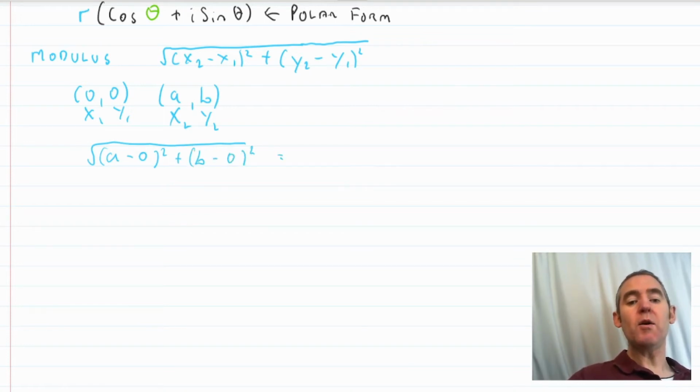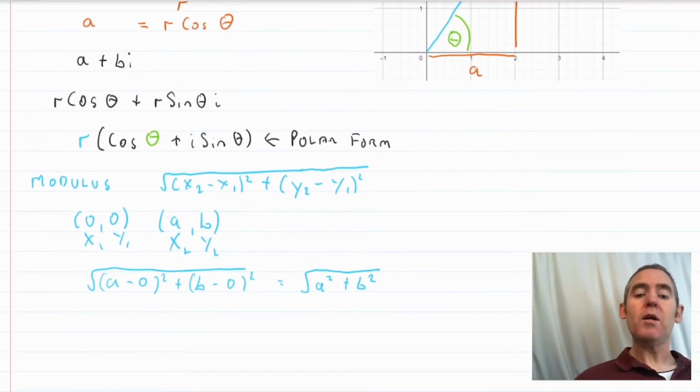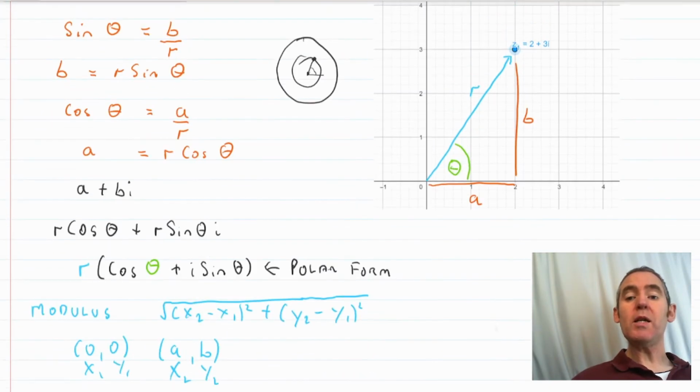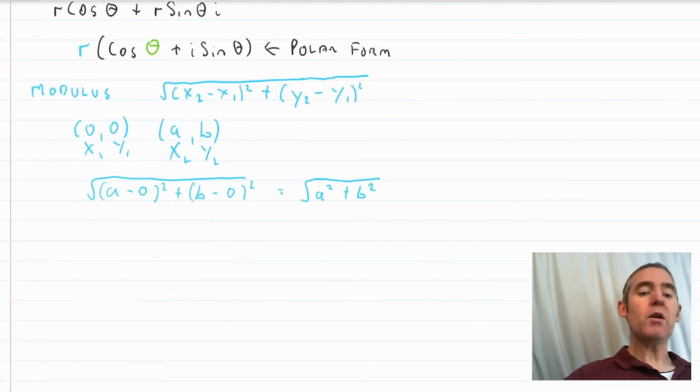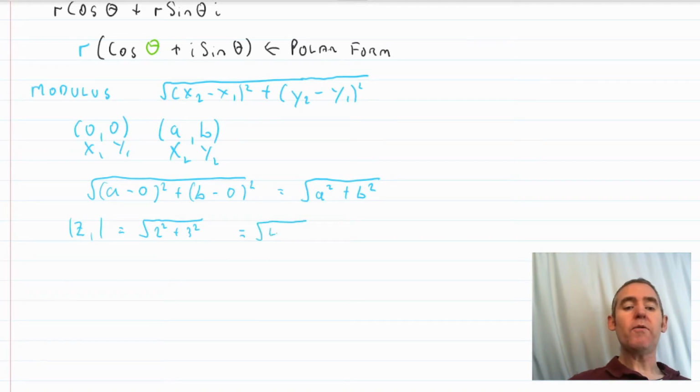So the modulus ends up being the square root of a squared plus b squared. The modulus for every complex number is the square root of a squared plus b squared. For this particular example, 2 plus 3i, the modulus of z1 is the square root of 2 squared plus 3 squared, which is the square root of 4 plus 9, which is the square root of 13. That's an example of finding the modulus.